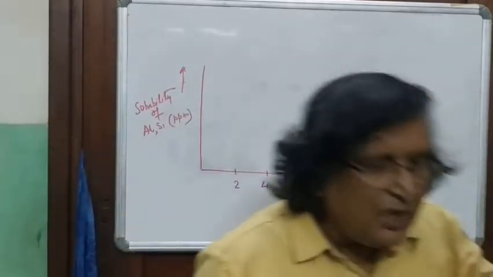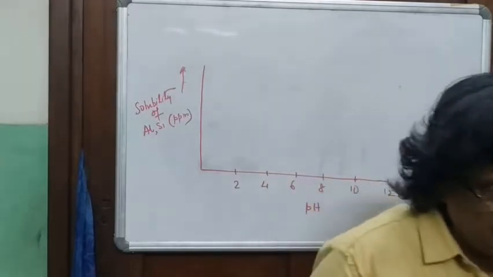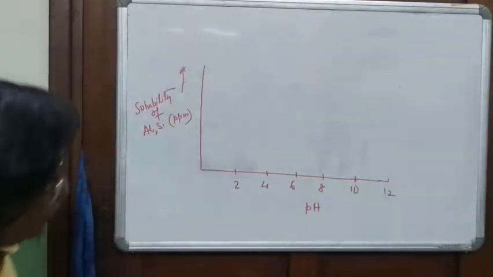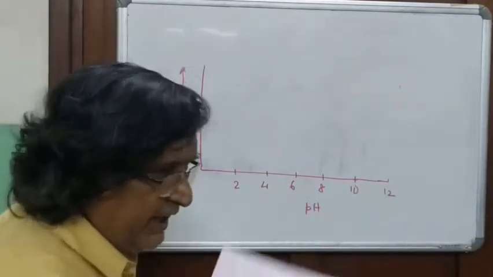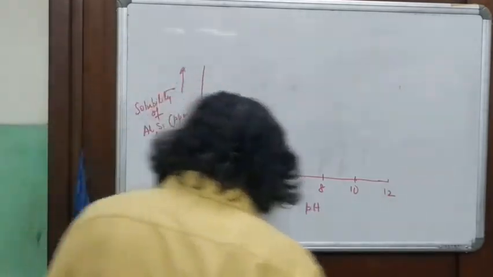Parts per million means 1 in 10 to the power 6. I'm not giving you the scale because then it's slightly difficult.